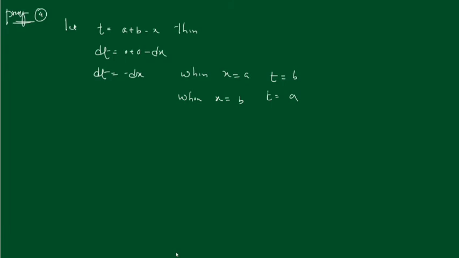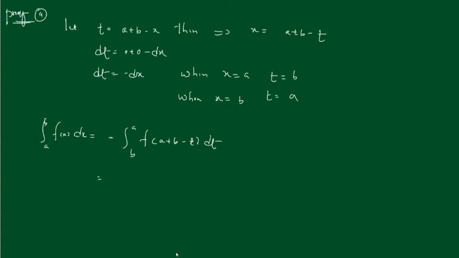So therefore we have integration a to b of f of x dx equals minus integration b to a of f of a plus b minus t dt. Can we write like this? f of a plus b minus t, because x equals a plus b minus t.